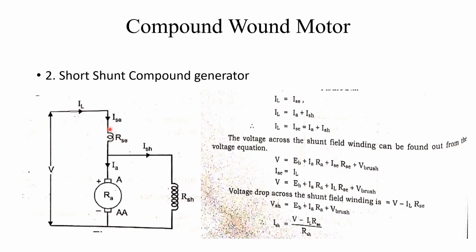Then applying KVL in loop one, V equals EB plus IA RA plus ISC RSC plus V brush. That is the equation. From that equation, by solving, we can find ISH.